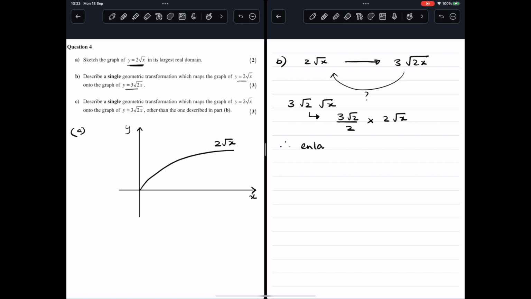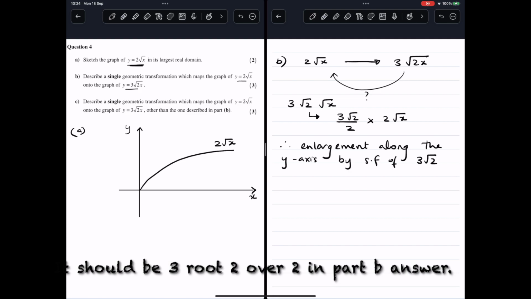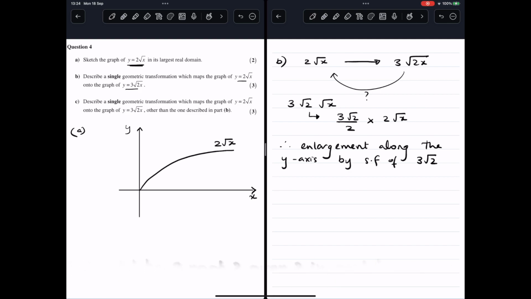Okay, so an enlargement along the y-axis, because the factor is outside the brackets, by a scale factor of 3 root 2 over 2.